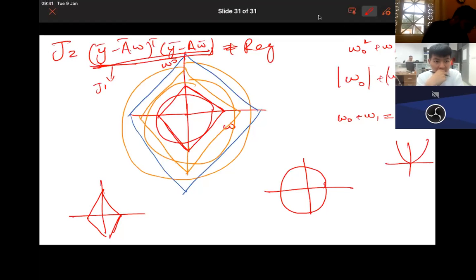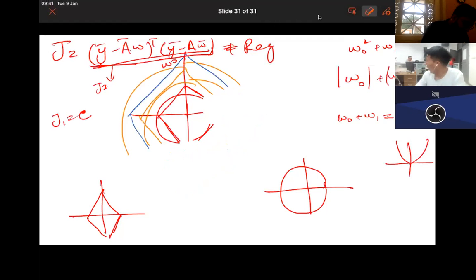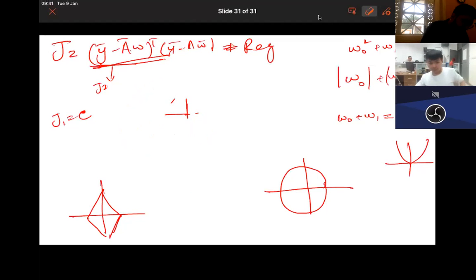If we put J1 equal to C, again you would get some circles in space. J1, of course, is not centered around the origin. It can be somewhere in the space of your data.